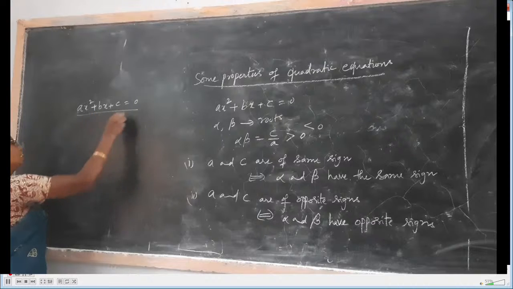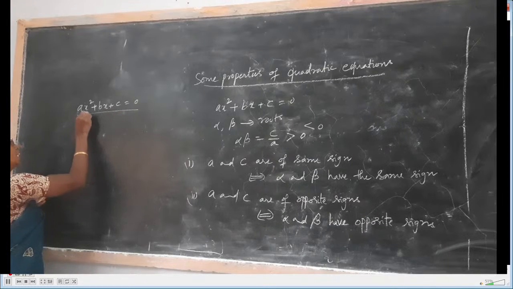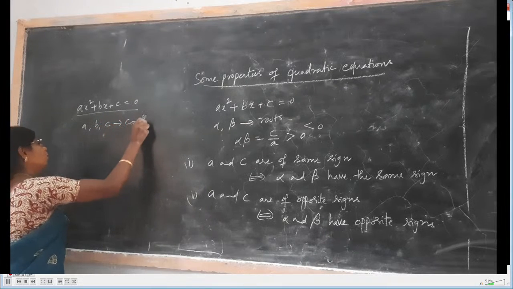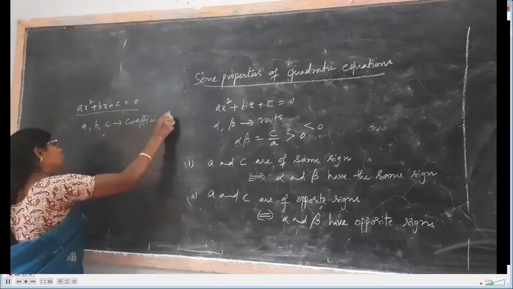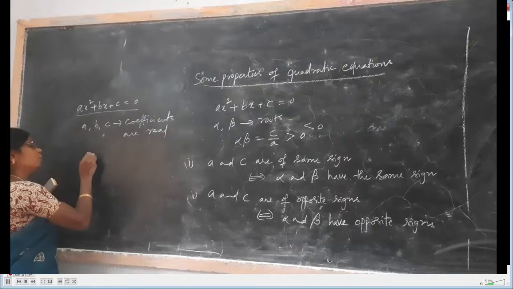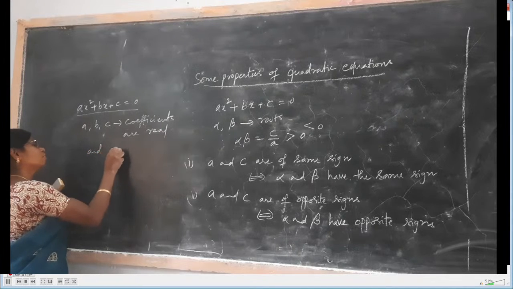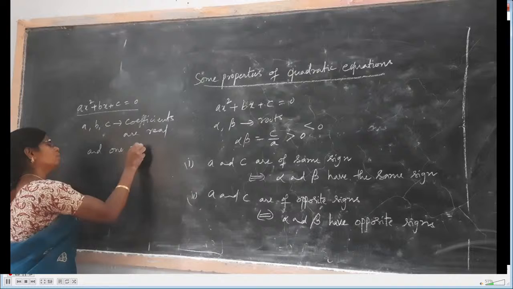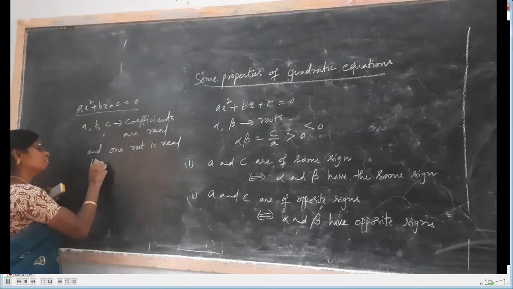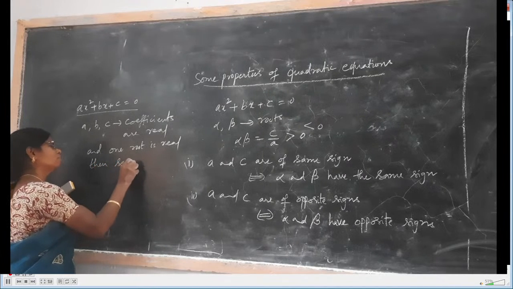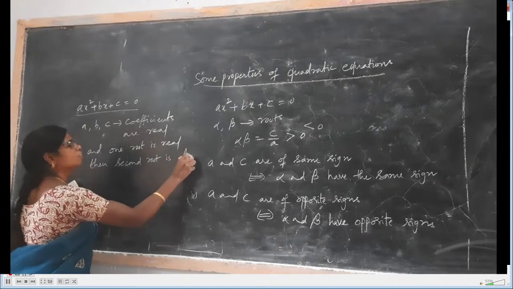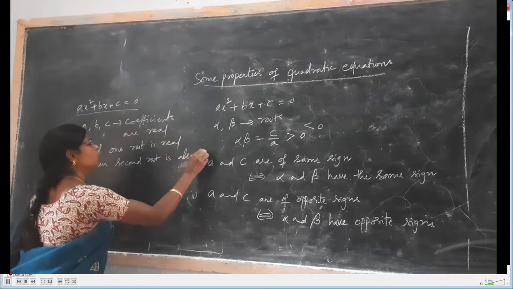So ఇది ఈక్వేషన్. సో దీనికి ఇక్కడ ఏబిసి మూడు కూడా ఏమంటాం? వీటిని కోఎఫిషియెంట్స్ అంటాం. సో ఈ త్రీ కోఎఫిషియెంట్స్ కూడాను రియల్, coefficients are real. ఈ మూడు కూడా రియల్ అండ్ వన్ రూట్ ఈజ్ రియల్. దీనికి ఒక రూట్, one root is real, then second root is also real. Second root is also real.